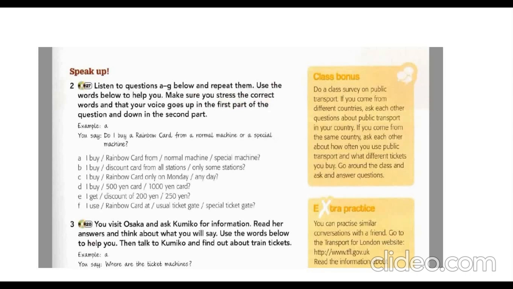D. Do I buy a 500 yen card or a 1,000 yen card? E. Do I get a discount of 200 yen or 250 yen? F. Do I use a rainbow card at the usual ticket gate or at a special ticket gate?